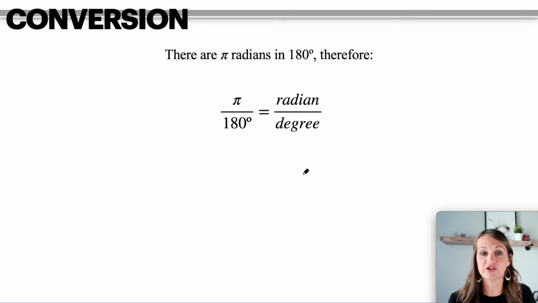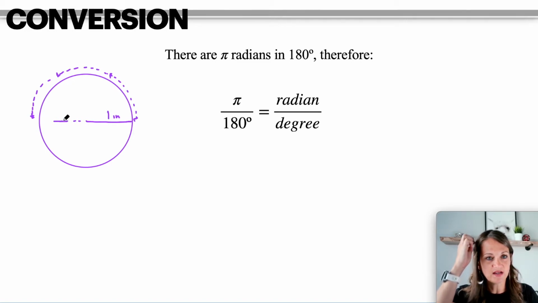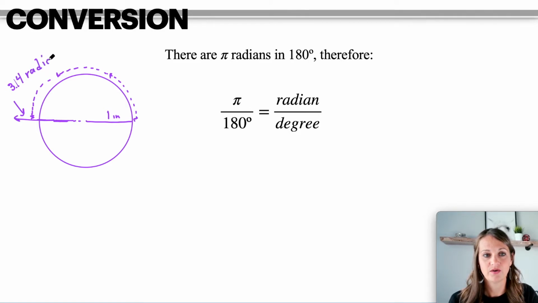There is a very basic conversion between the two. There are pi radians in 180 degrees. Because if you took a circle, which is pretty cool, and let's just say this is 1 inch, and you wrapped 1 inch around, then 2 inches around, then 3 inches around, if you were to go straight across, that created a diameter, it actually represents 3.14 radians.